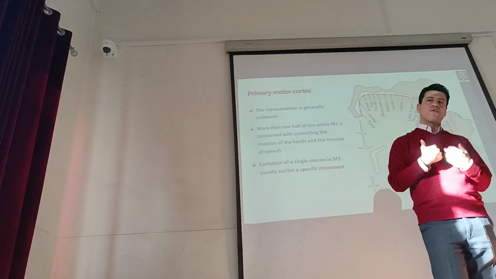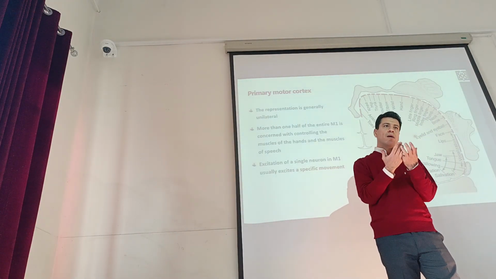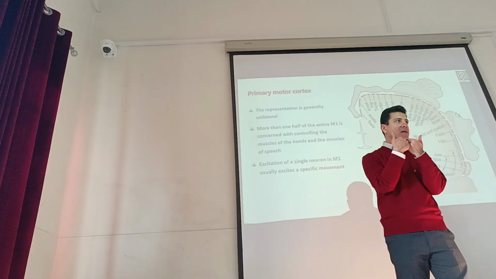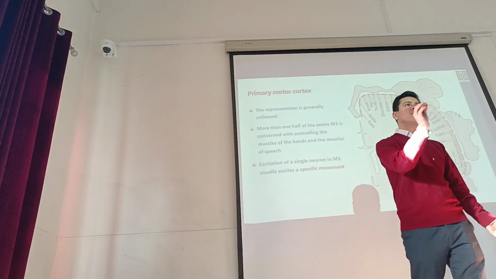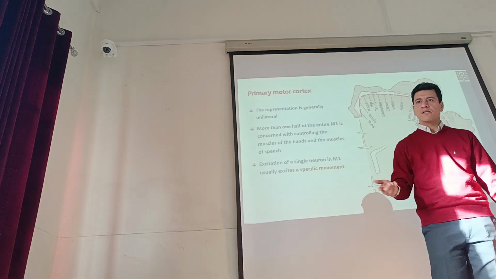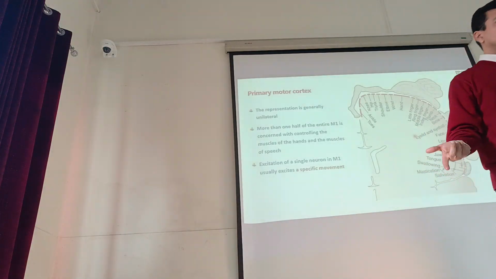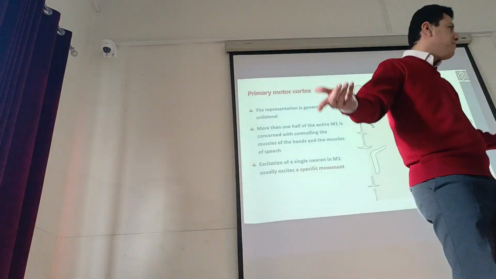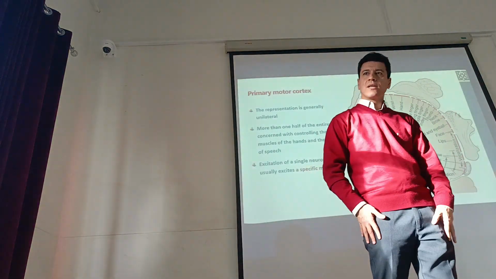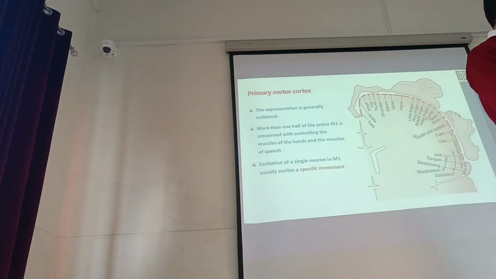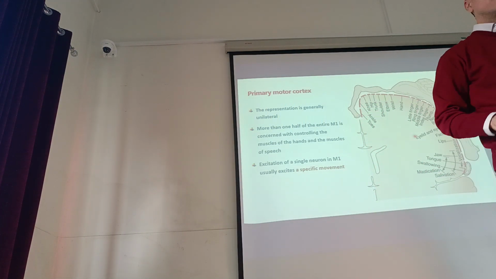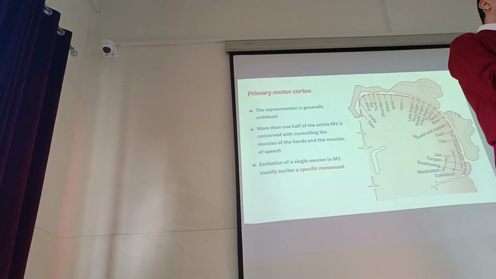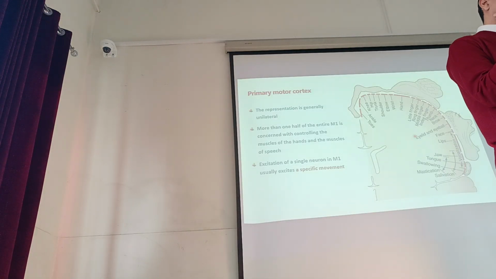Why? Because most of our functions, most of our movements, are made by fingers and face. For legs, we have a small number of movements. For example, we only walk, right? Or maybe we hit a ball, okay? So the number of movements that we can make with our legs is very small, so we need only a few neurons in the brain. But the number of movements that we can make with fingers is very high, right?